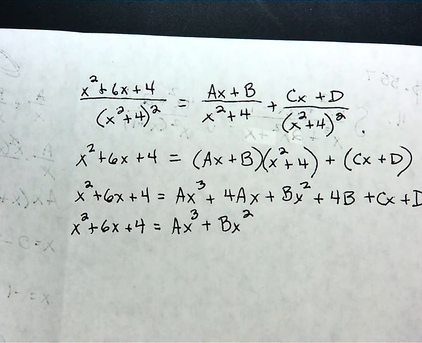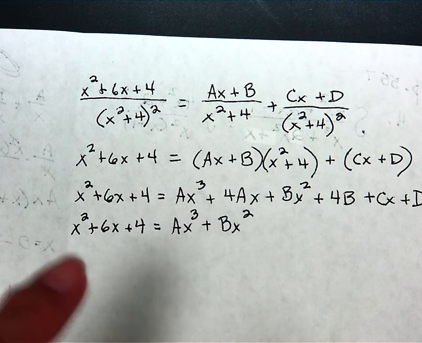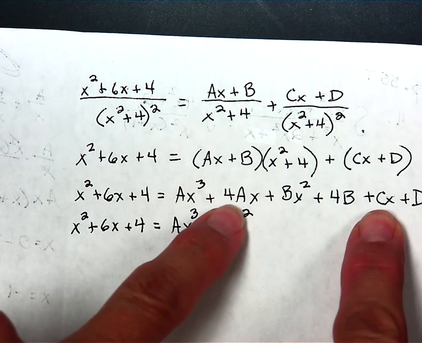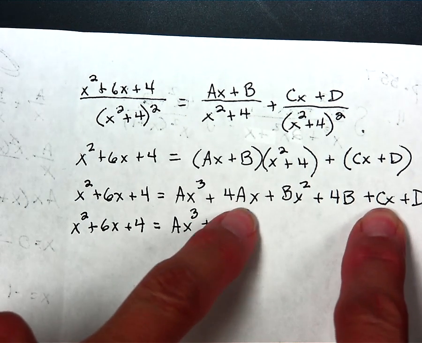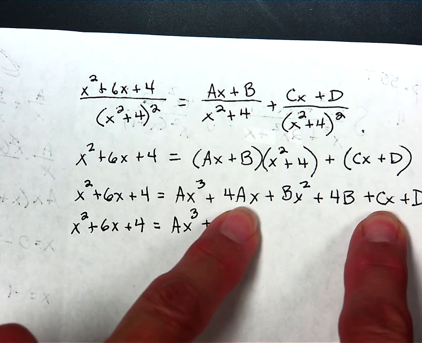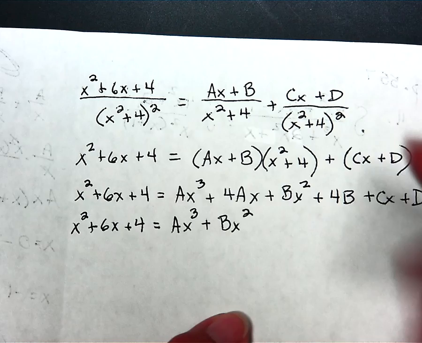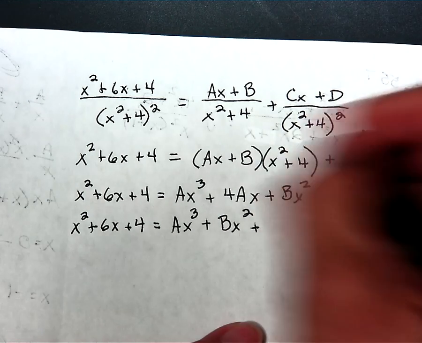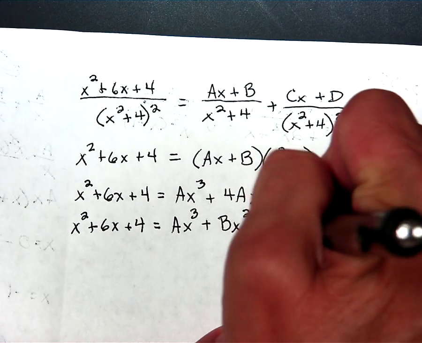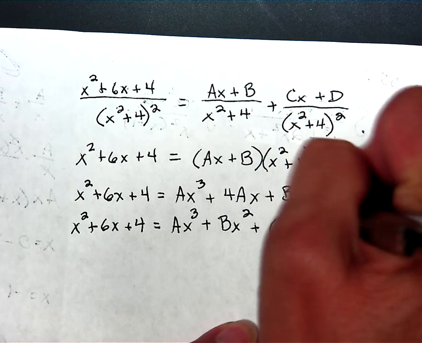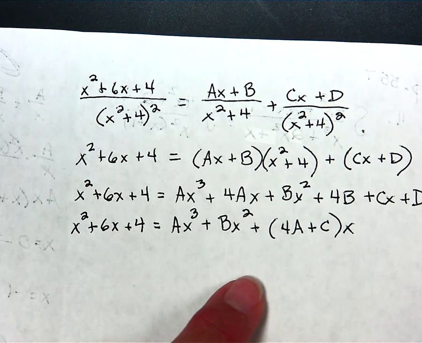Thank you. Just to keep from having to write the whole thing again, let me say that I have two terms with x to the first in them. I can't combine them, but I could factor out an x to the first. And you're going, well, why would I have to do that? Well, you're fixing to see. 4A plus C times x.